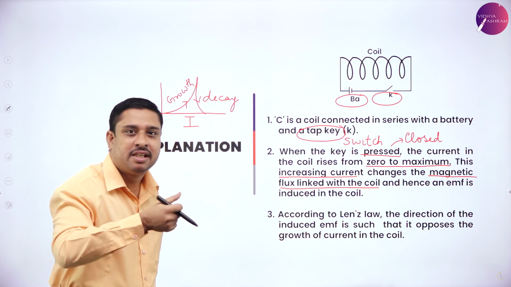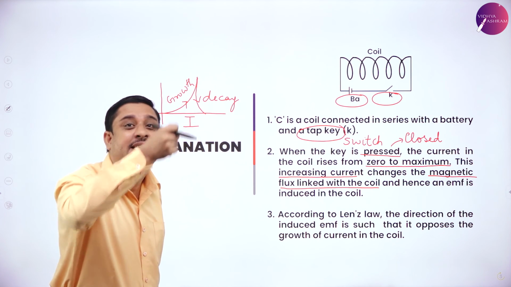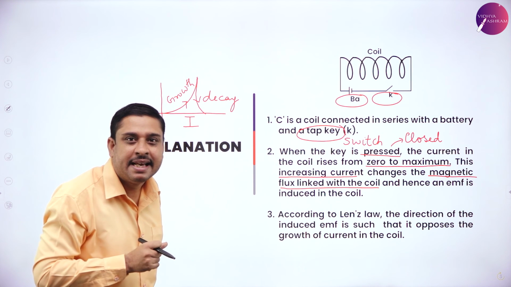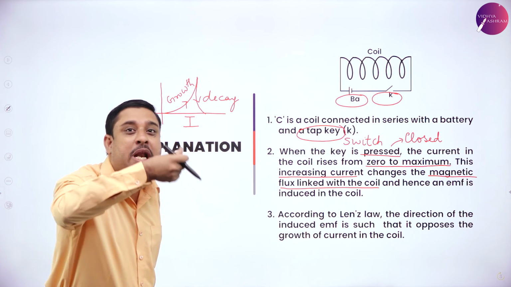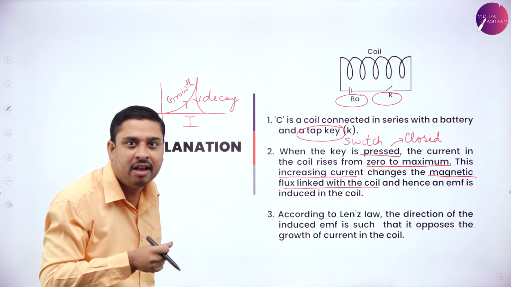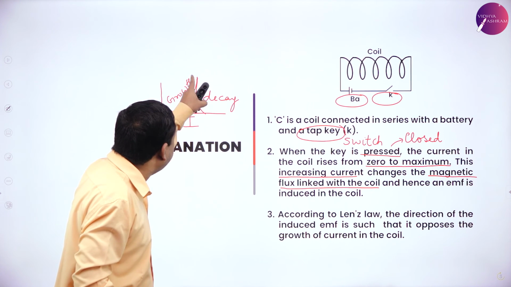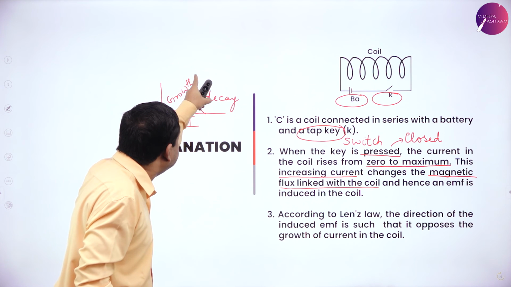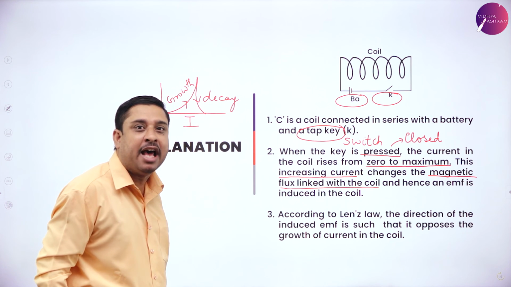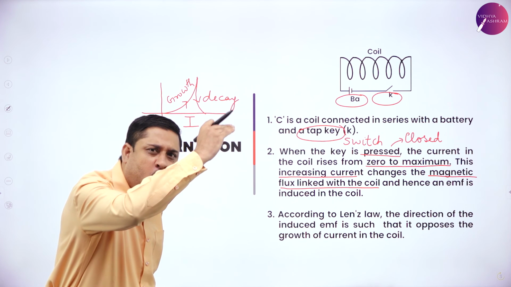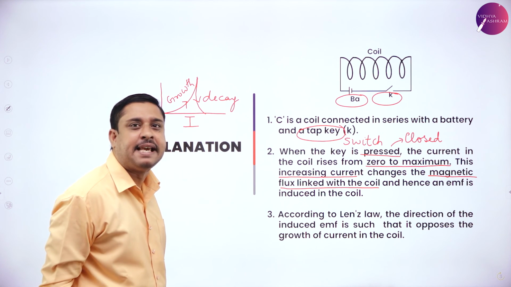So the moment I have released the tab key, the circuit is open. So current, which had reached a maximum value, now slowly starts decreasing.